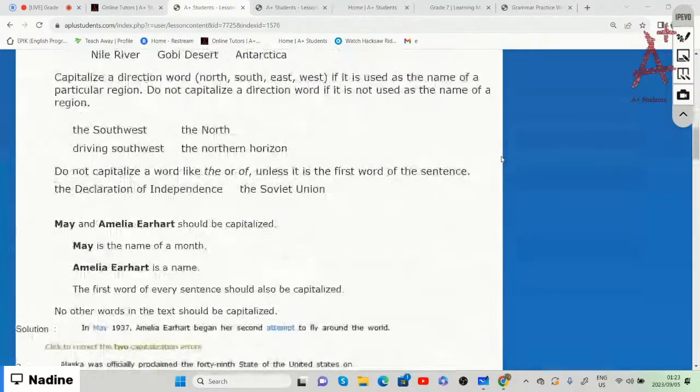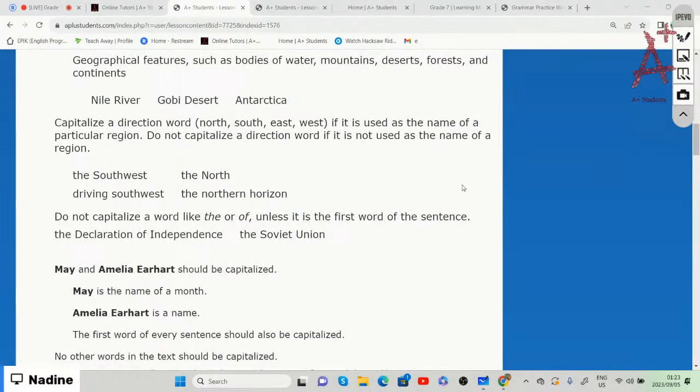All right. And lastly, we capitalize a direction word. So direction words such as north, south, east, and west, right? We need to capitalize the direction words. But we only capitalize it if it is used as the name of a particular region. We do not capitalize a direction word if it is not used as the name of a region.